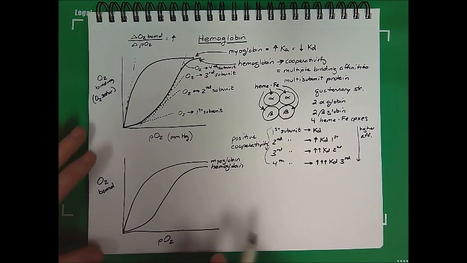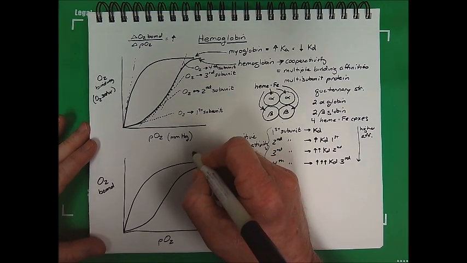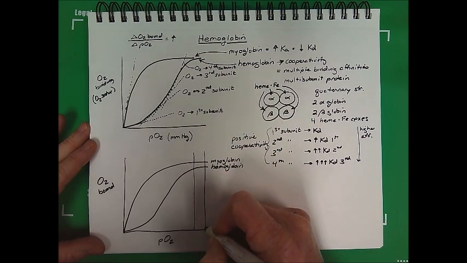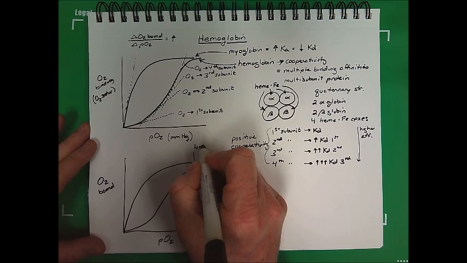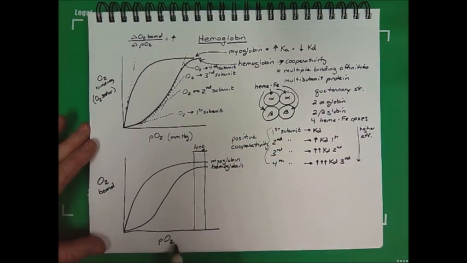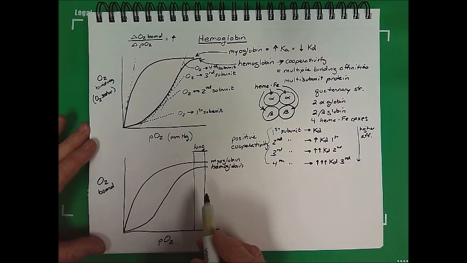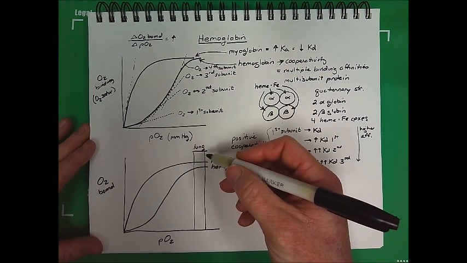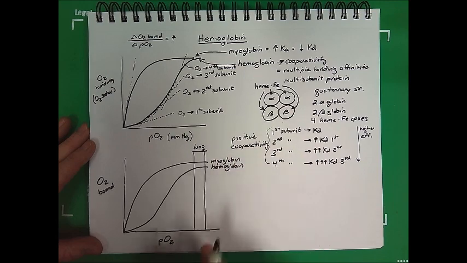If we look at lung tissue, we would see that lung tissue is going to have a very high partial pressure of oxygen. This makes sense because this is the first encounter of oxygen inside the body. So its highest pressure in the body will be in the lungs.